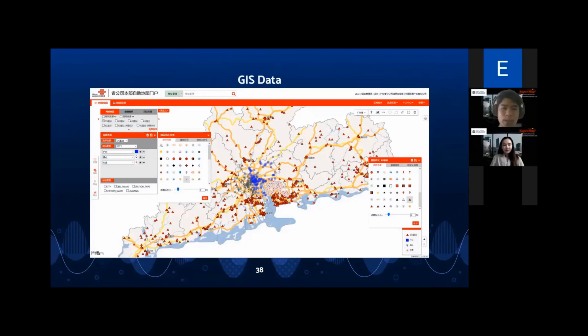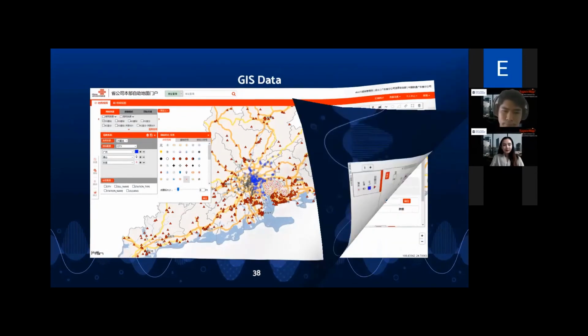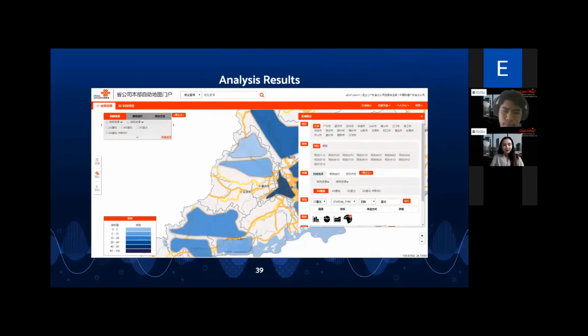So this is a map using the resources of Guangdong. And this is analysis results of service coverage of Guangdong.